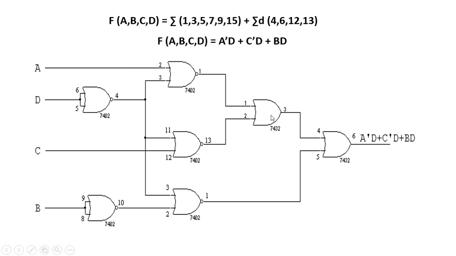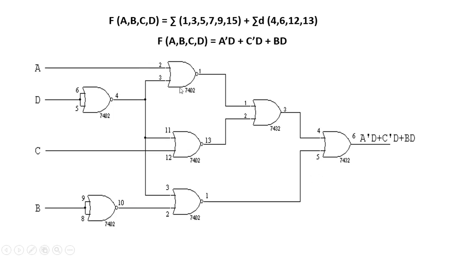For the remaining ones we require another NOR IC. In a single OR IC you can implement four OR gates, and we require only two OR gates, so this can be covered in a single OR gate IC. So we will require two NOR gate ICs and one OR gate IC.